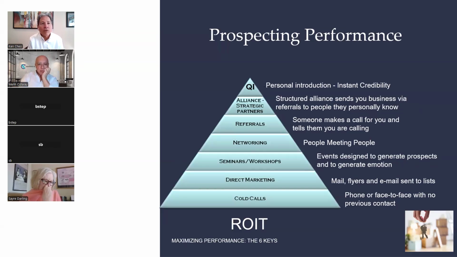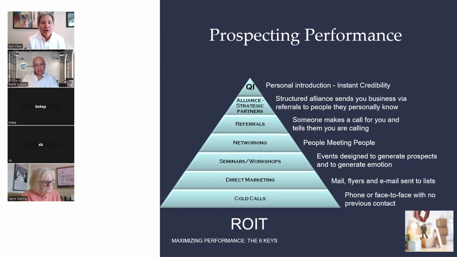Because it varies. Your formula will vary depending on which channels you're working. If you're cold calling, typically it's 2% return on invested time. My salesperson spends a lot of time cold calling because our target audience actually answers the phone. But in some markets they don't. You've got to talk to maybe 50 people before you close a deal.